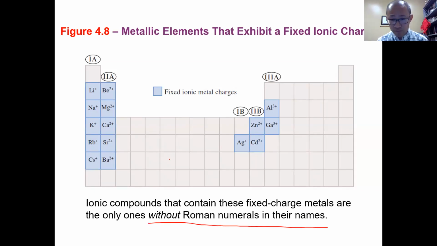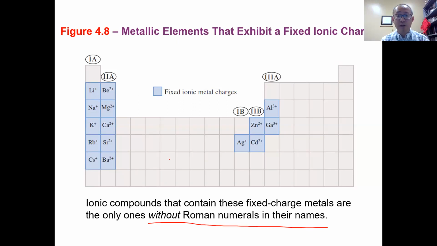Other metals, not shown on here, will most likely include their charge in their parentheses. Again, if an ionic compound has a metal with variable charge and you fail to include the charge in the parentheses, the naming will be wrong.